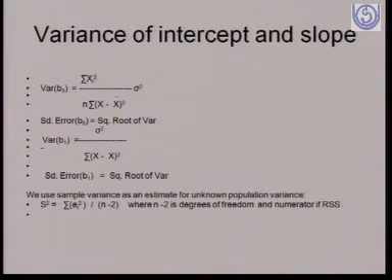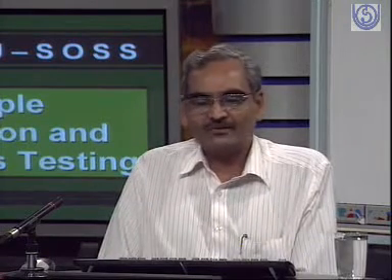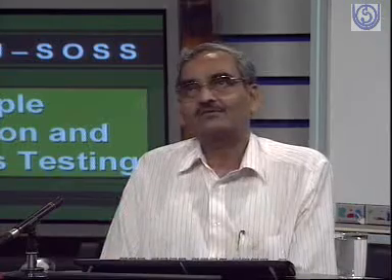This n minus 2 is the degrees of freedom, and the numerator is called the residual sum of squares. This is regarded as an unbiased estimate for the population variance sigma square.